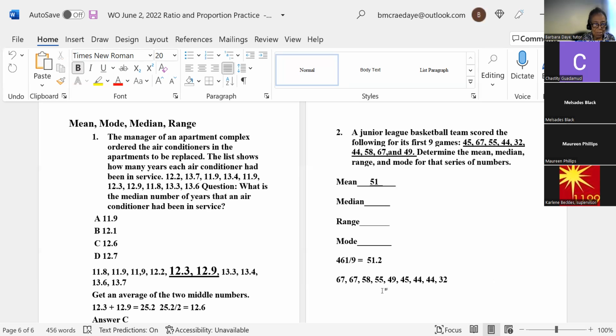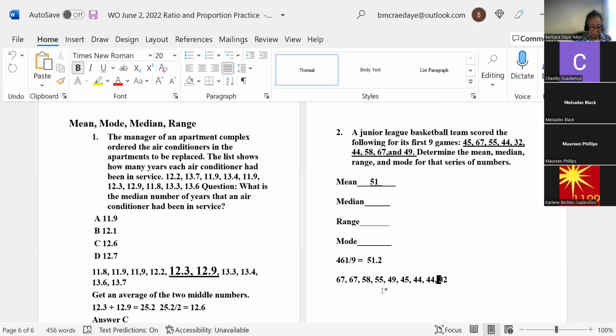Okay. Maureen, what is the median? 49. Why? There are 9 numbers. 32, 44, 44, 45, that's 4, right? 49 is in the middle.